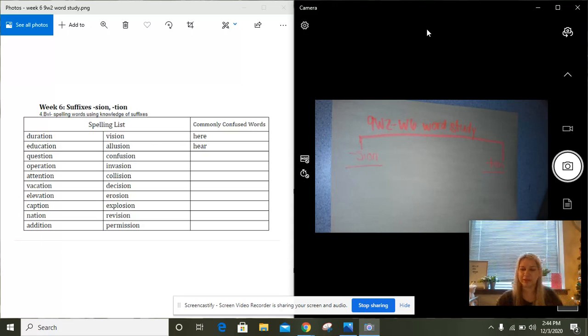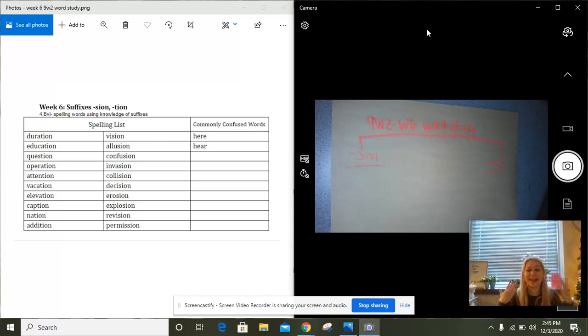One of my favorite ways to remember it is SION says shun, like vision, illusion, confusion. But get ready for it, y'all. TION says shun, like nation, addition, question, education.